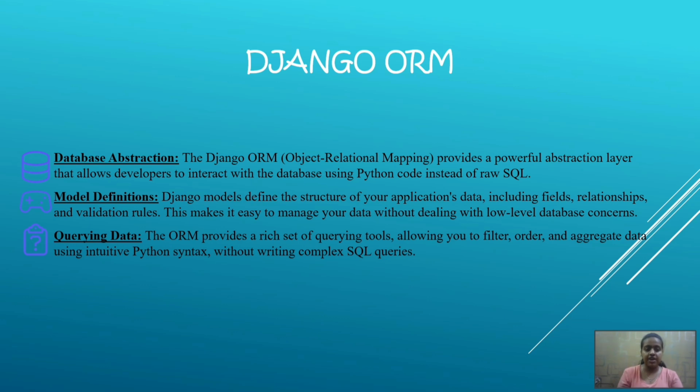Django models defines the structure of your application's data, including fields, relationships, and validation rules. This makes it easy to manage your data without dealing with low-level database concerns. Querying data. The ORM provides a rich set of querying tools allowing you to filter, order, and aggregate data using intuitive Python syntax without writing complex SQL queries.